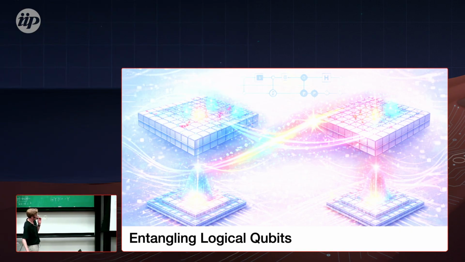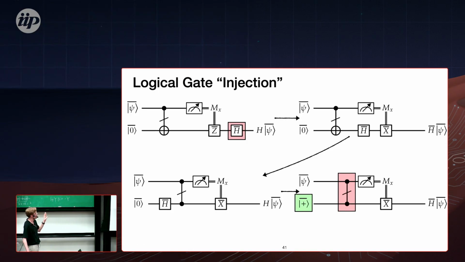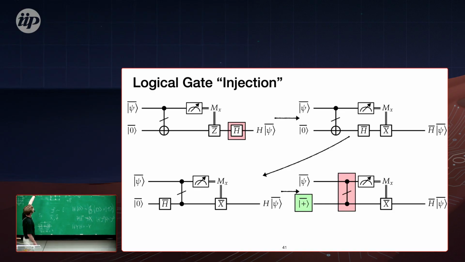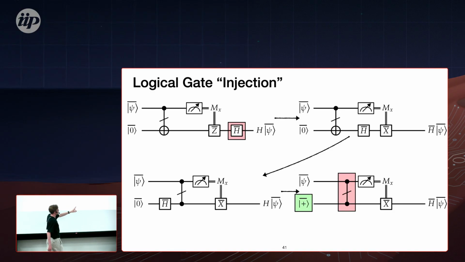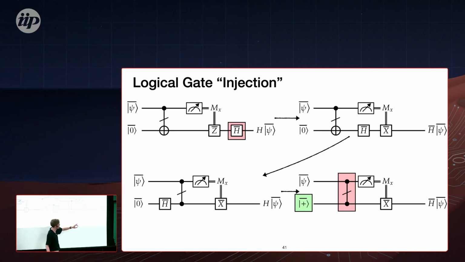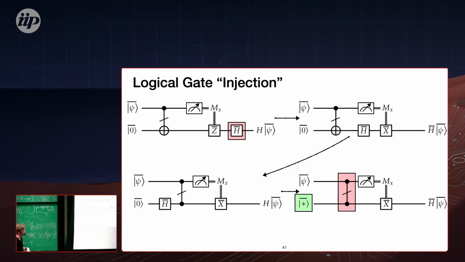Okay, first, are there any questions about this? This is conceptually maybe difficult, but I would recommend, in the same way as I have calculated here, you can do the same calculation for this circuit to convince yourself that indeed, without actually applying a Hadamard gate, you will apply a Hadamard gate on your arbitrary state.